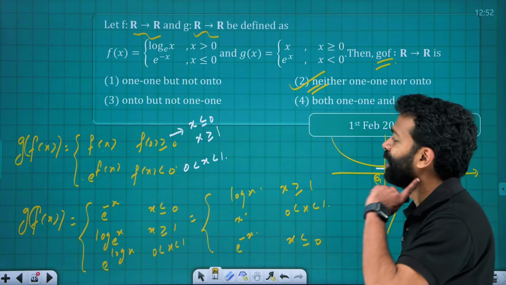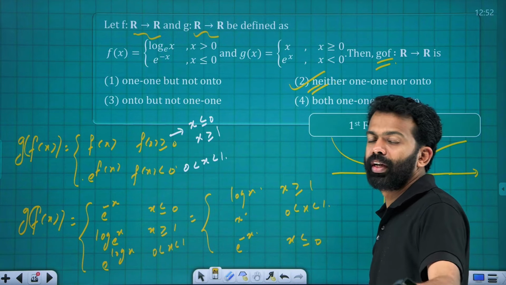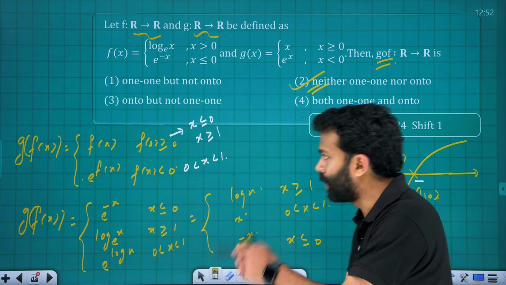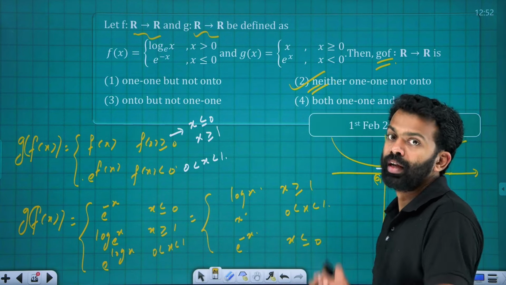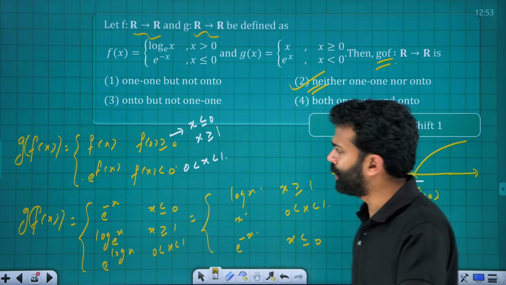Okay. See, questions based on finding the domain, and also identifying whether the function is 1-1 or many-1, for composition of functions are asked frequently, and the numbers keep increasing each year. So be careful with this one. The steps are very easy.